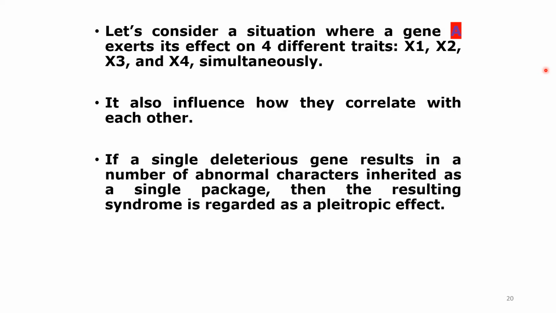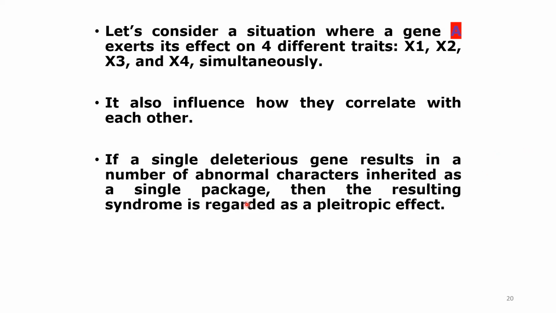So we want to consider a situation where a gene, capital A, is exerting its effects on 4 different traits, X1, X2, X3, and X4 at the same time. So it also influences how these traits are correlated with each other.